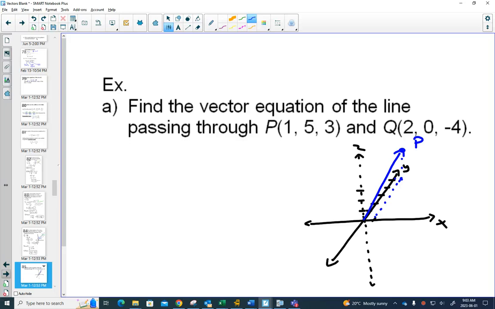The vector q, we need to go 2 over, 4 down. And the nice thing about vector q is it doesn't go up at all. So 2 over, 4 down. Here is the vector q.